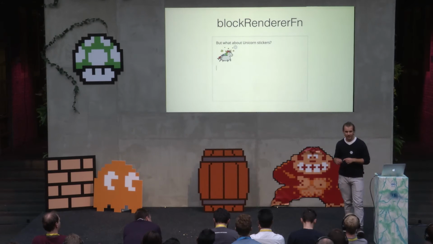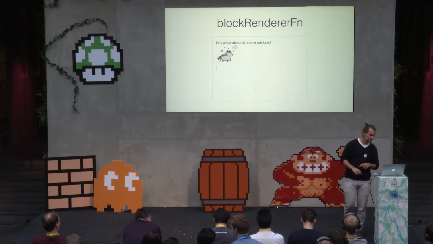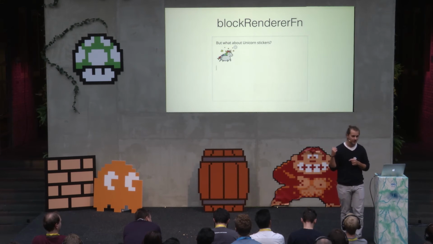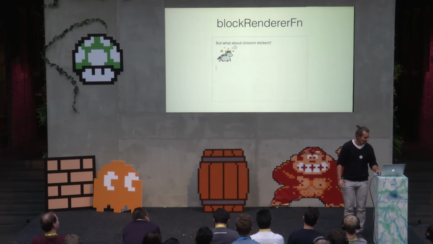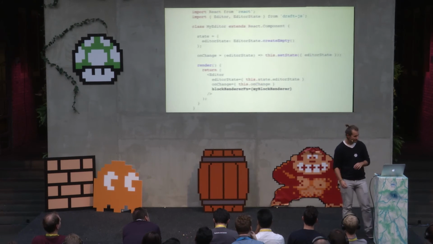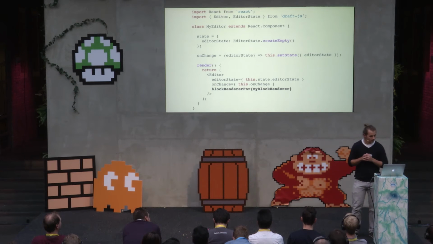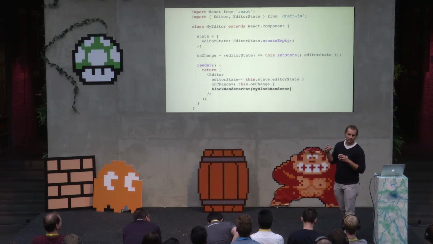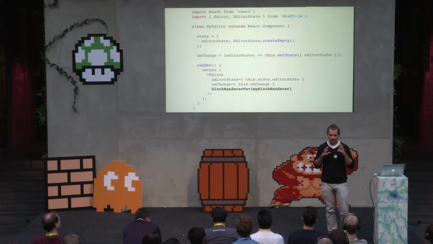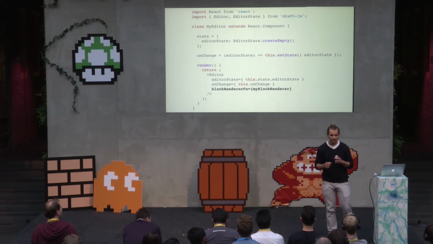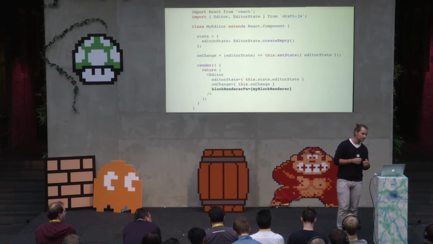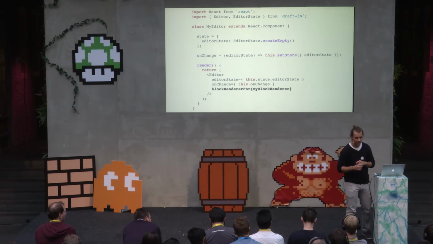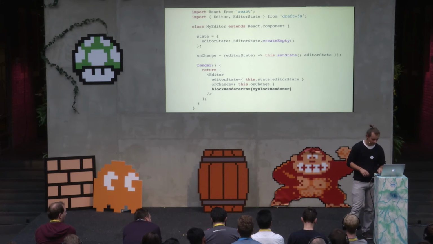All right, let me tell you about the block render function, because with this thing, we can do unicorn stickers, and that's what we all care about, at least for now. So how can we do this? What we see from our example before, we still have our MyEditor component, and the only thing that we change now is we provide our own myBlockRenderer as the property blockRenderFn, for block render function. And how does this look?